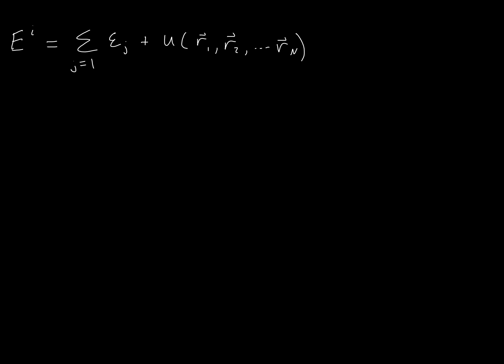Now this U is some arbitrarily complex function that we can't calculate right now. But we're going to use it as a stand-in and then find ways to simplify it, so we can try and actually calculate what this configuration energy is.